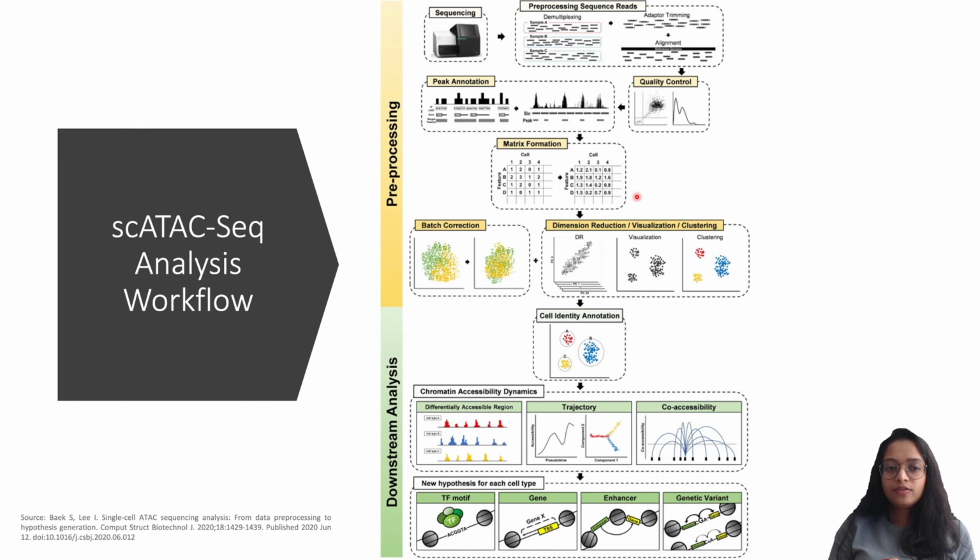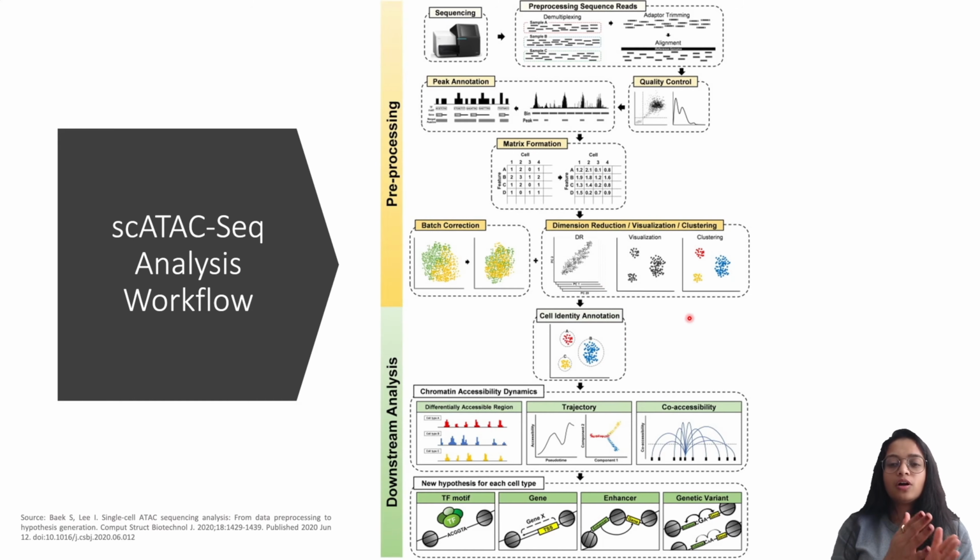Once we have the cell by feature matrix, we identify the features which are capturing the majority of the variation, which can be used for performing further dimensionality reduction to cluster the cells by similarity in certain features. And then we perform cell type identification.